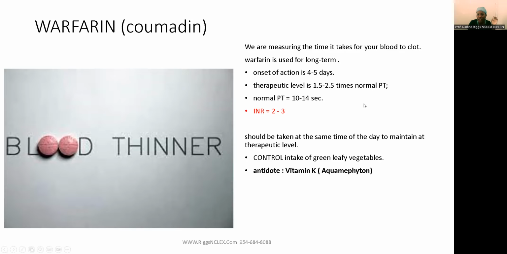You've memorized those values already. Number three, there are food restrictions. You see the high maintenance problem? And we want to teach the client to take this at the same time of day, every day, because again, it has a thin therapeutic threshold. Test questions.